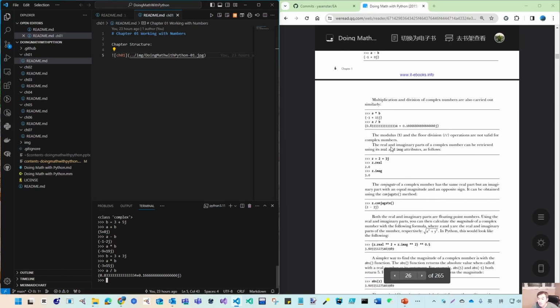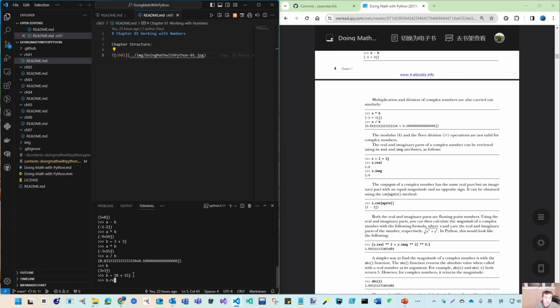And then the real part and the imaginary part of a complex number can be retrieved using its real and imag attributes. So if I have b, let's create something different: 10 plus 15j, so its real part and imaginary part are different.